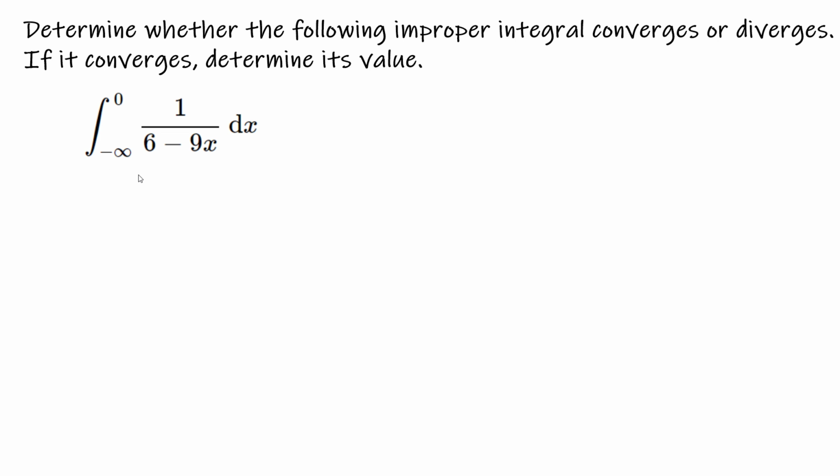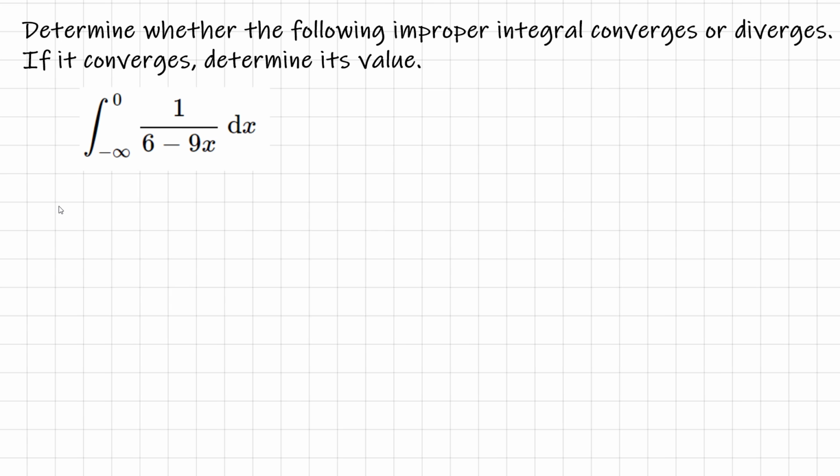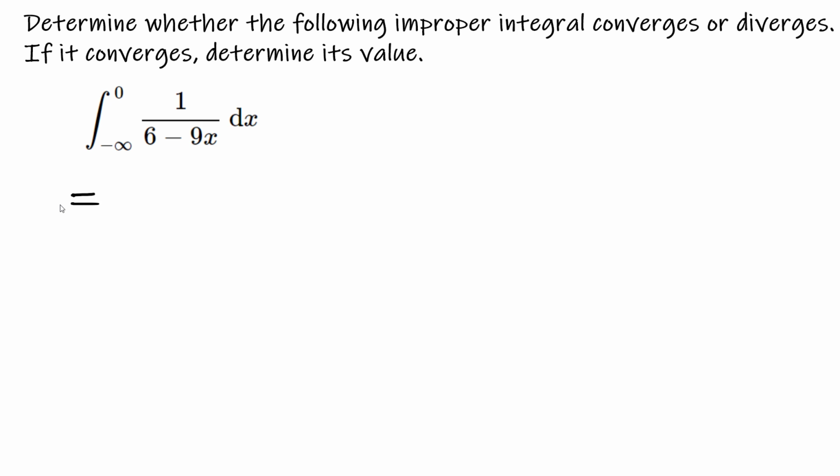This type of improper integral is sometimes called type 1 because the limit we are working on is very large. We cannot work with this very large limit, so we can make it finite. It's a negative number, so this integral can be written as follows: limit, let's say t, obviously negative, through 0, and we let t go to negative infinity.